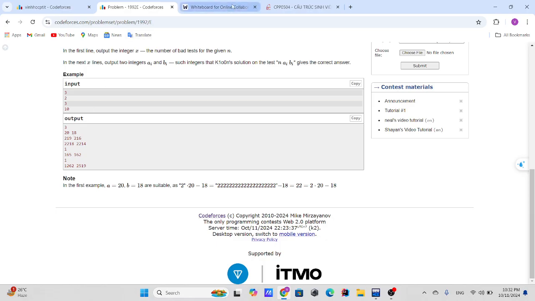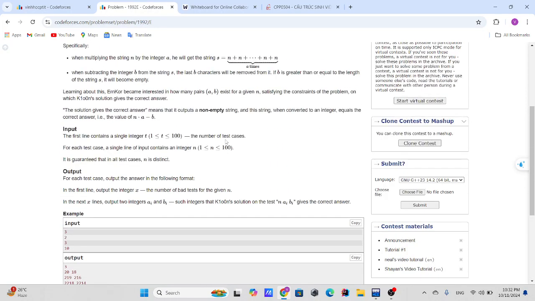But if it's 2, then how could it be equal, right? 2 here. Okay, understand it. And it's super small, right?